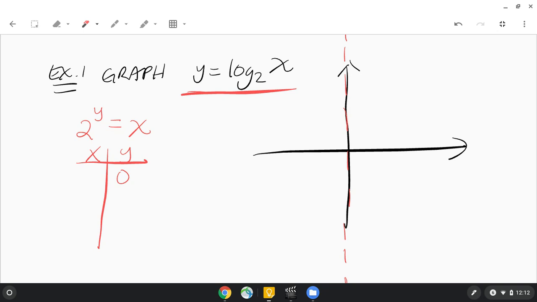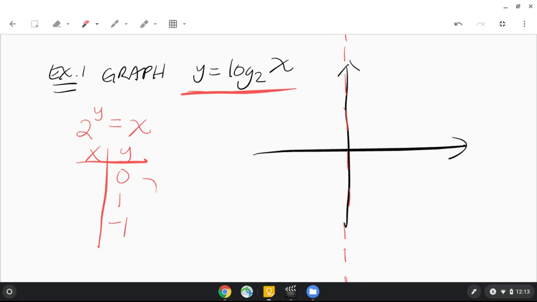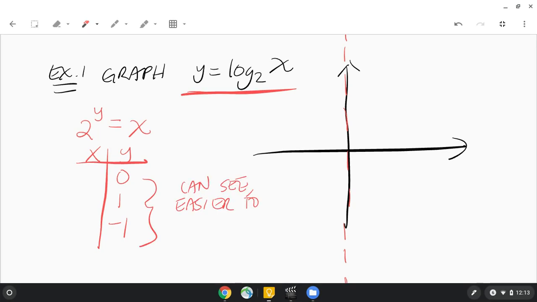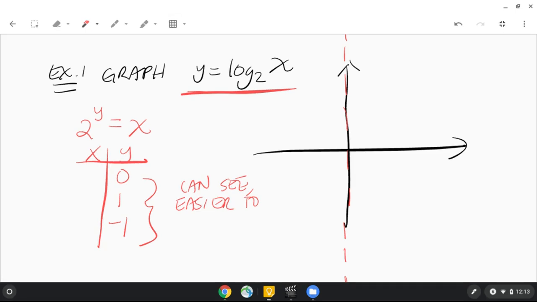Here you can see it's easier to plug in y values.